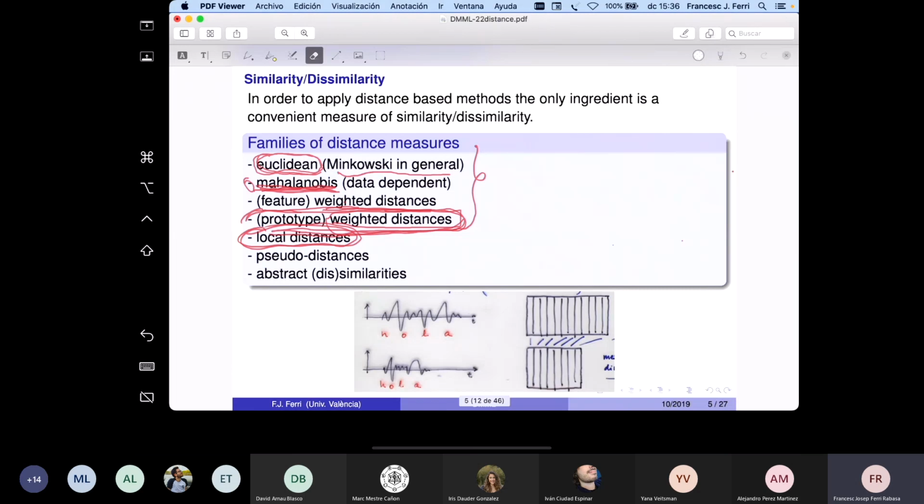Minkowski distances are... this is the Euclidean distance.